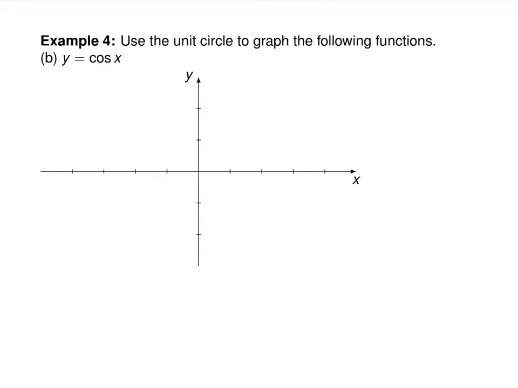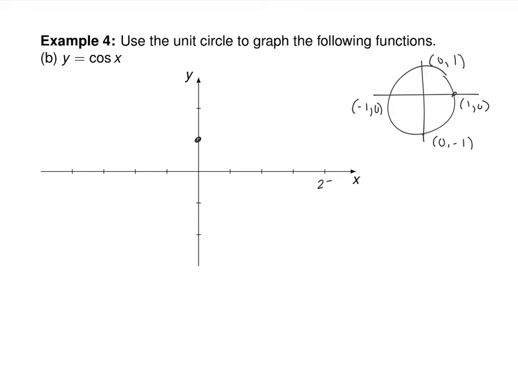Okay, cosine, same idea. But what coordinates do we use now? The x's, exactly. Okay. So what is the angle 0? X coordinate is 1.